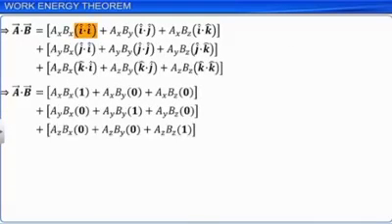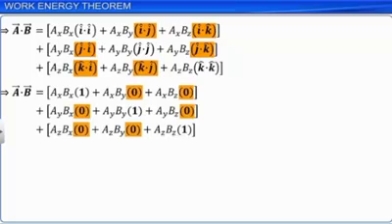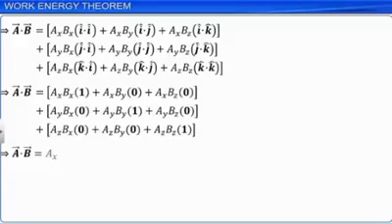Substituting the values of i dot i, j dot j and k dot k as 1, and the values of i dot j, i dot k, j dot i, j dot k, k dot i and k dot j as 0, and simplifying, we get A dot B is equal to AxBx plus AyBy plus AzBz.